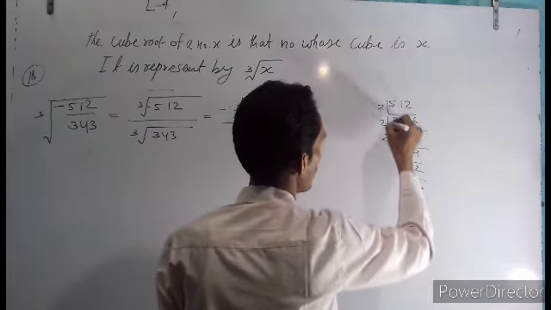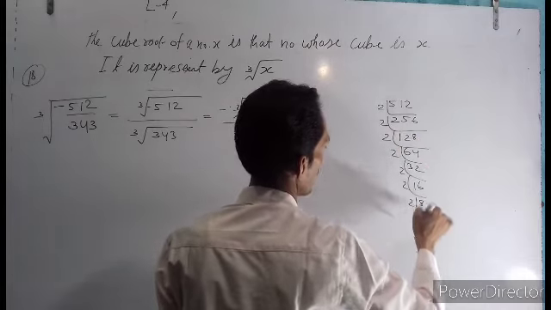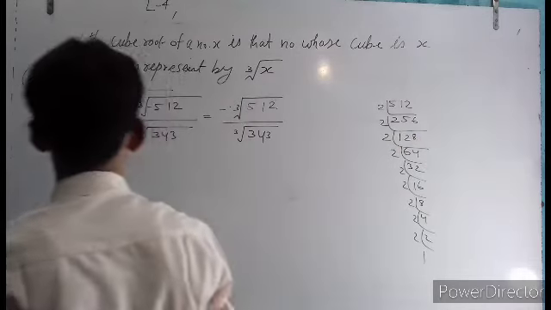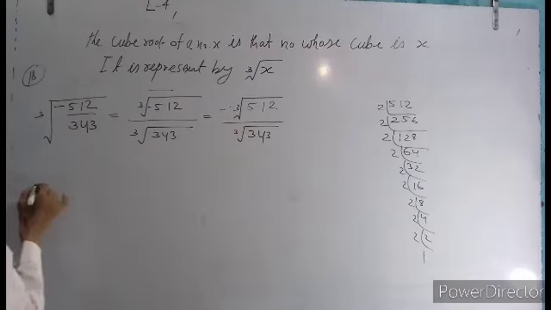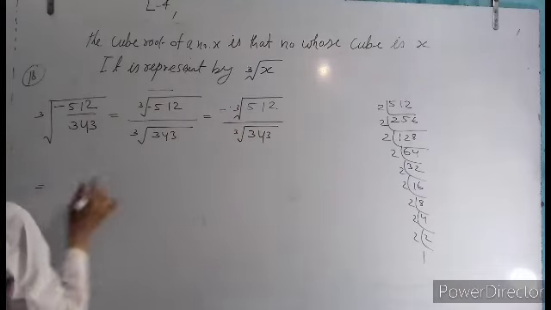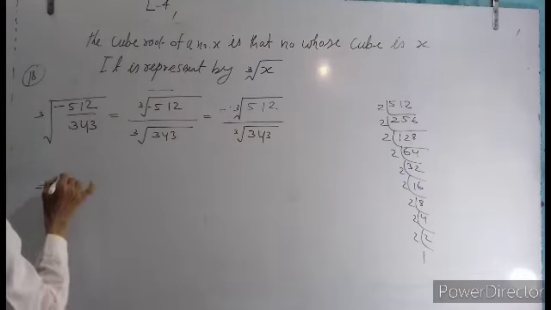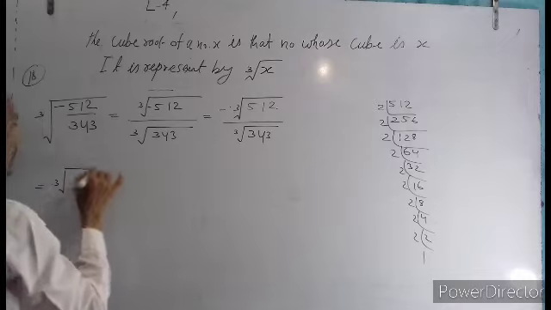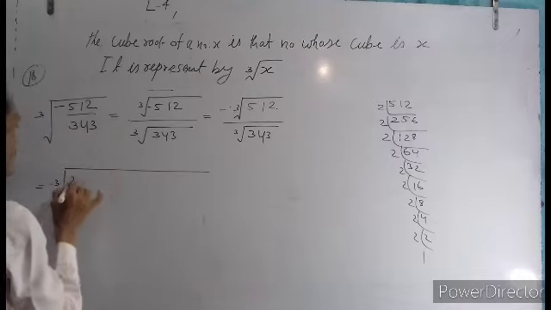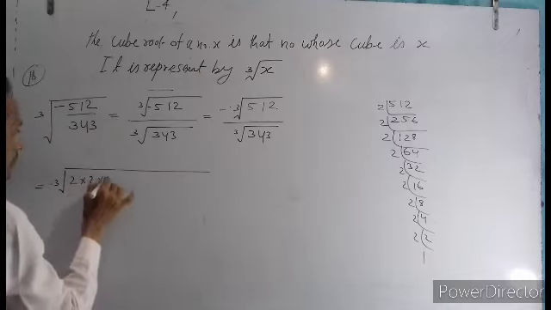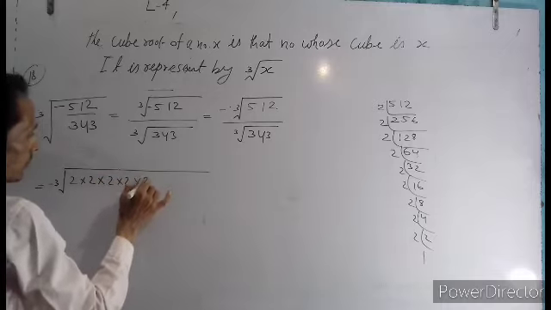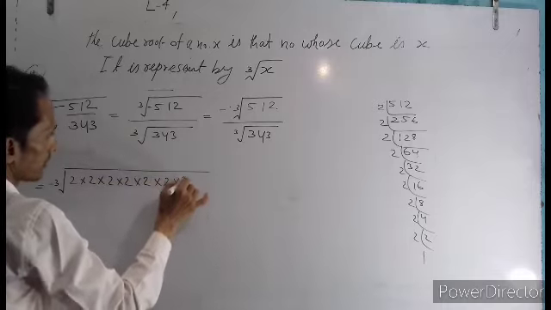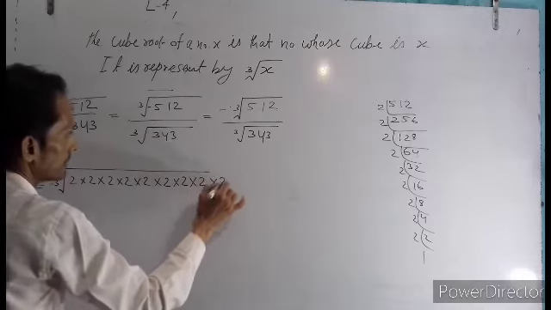How many times 2? 1, 2, 3, 4, 5, 6, 7, 8, 9. Okay, 9 times. So in place of this, 9 times: 1, 2, 3, 4, 5, 6, 7, 8, 9.